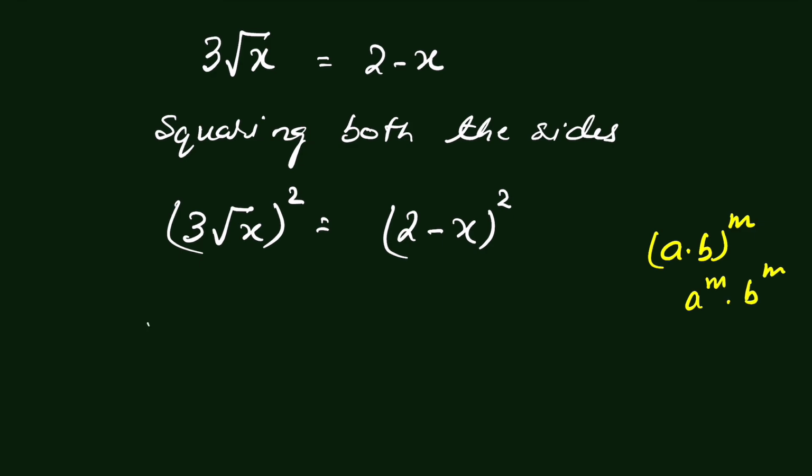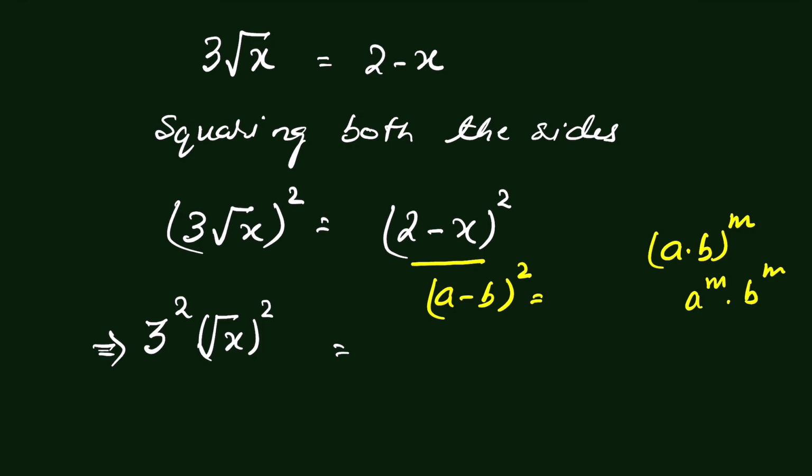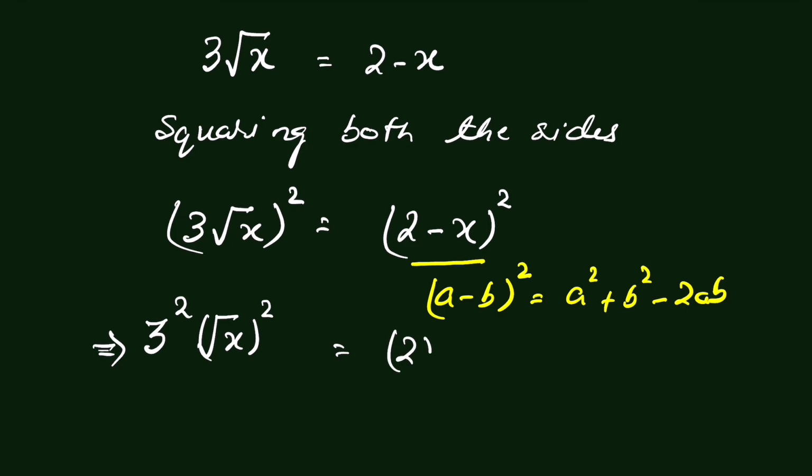So this will be 3 raised to the power 2 times square root of x raised to the power of 2 is equal to, and this is in the form of (a minus b) whole square. It is equal to a square plus b square minus 2ab.